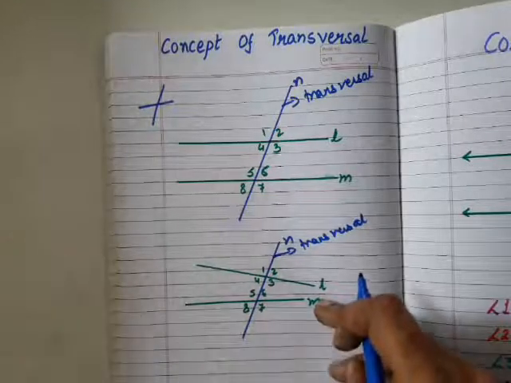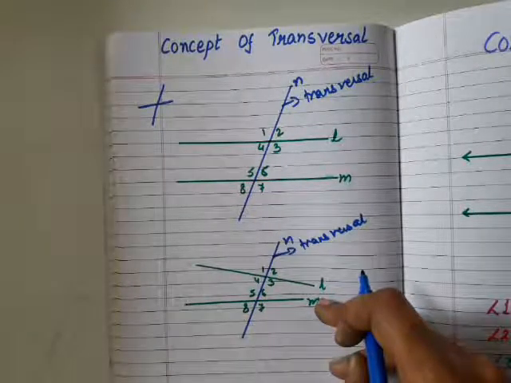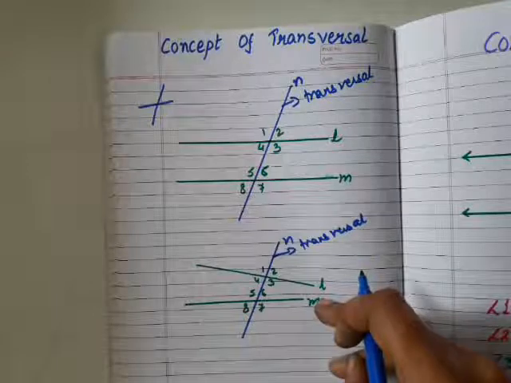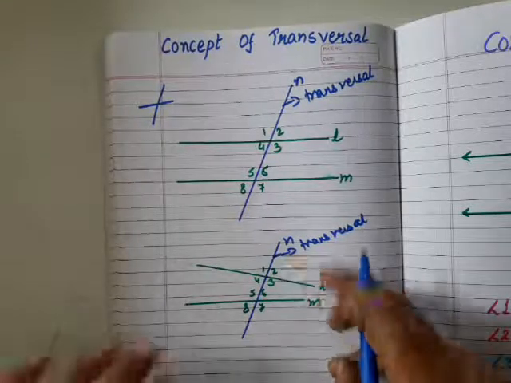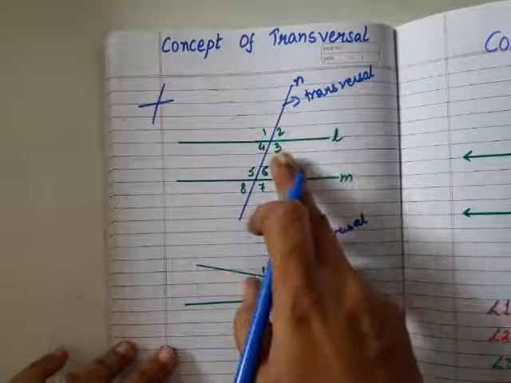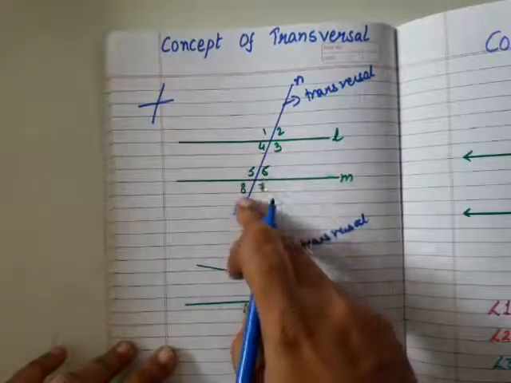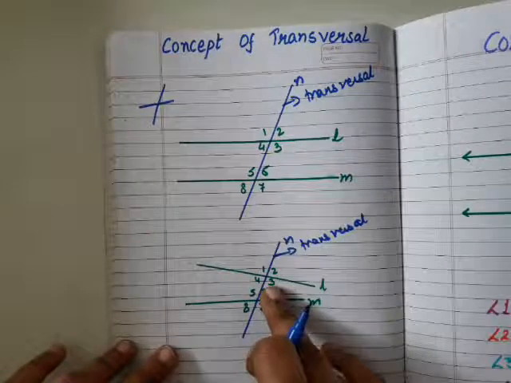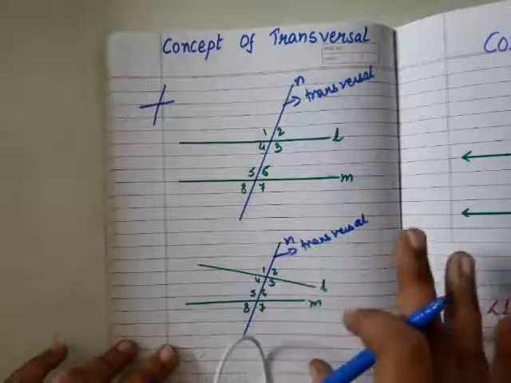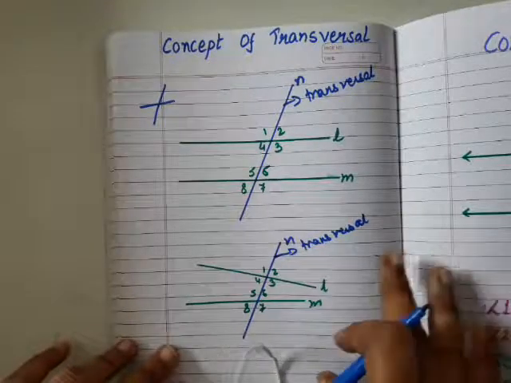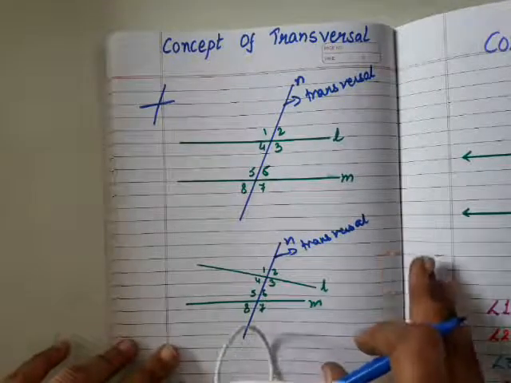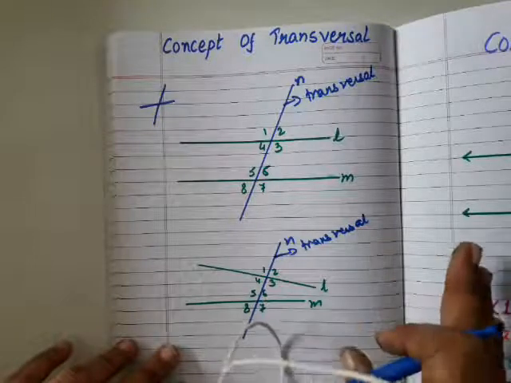Whenever two parallel or non-parallel lines are cut by a transversal, 8 angles are formed. If you see here, 1, 2, 3, 4, 5, 6, 7, 8. These angles are given specific names, and if they have to satisfy the condition of parallelism, there is a different concept.